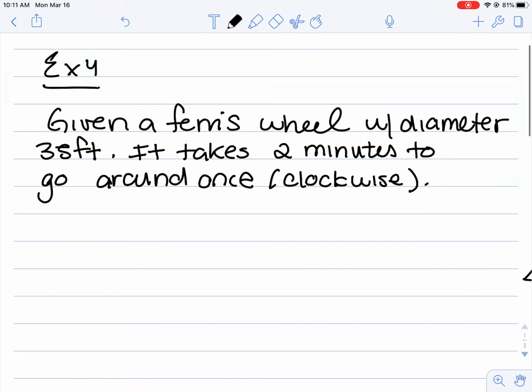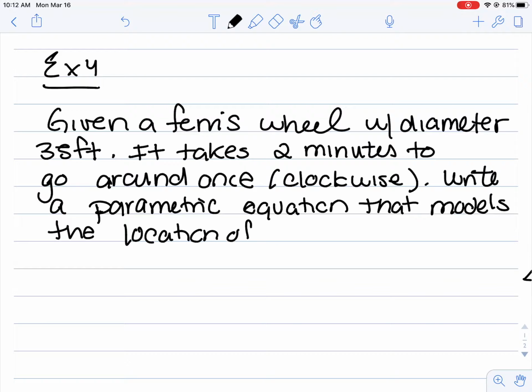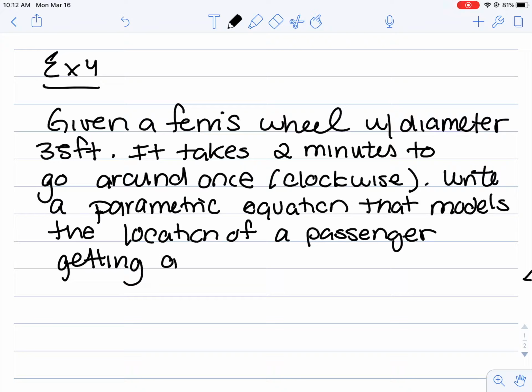And please write a parametric equation that models the two-dimensional location of a passenger getting on at the bottom.